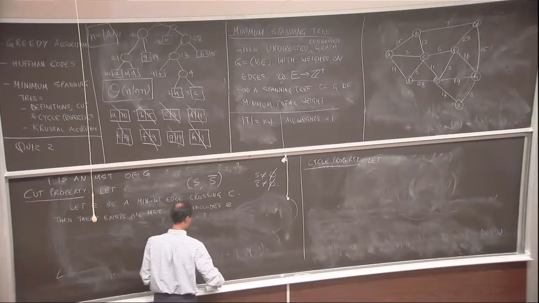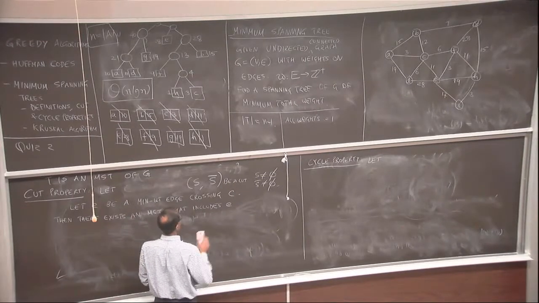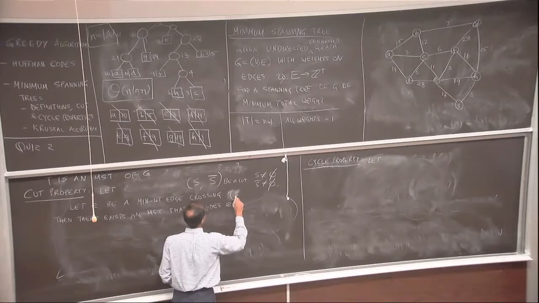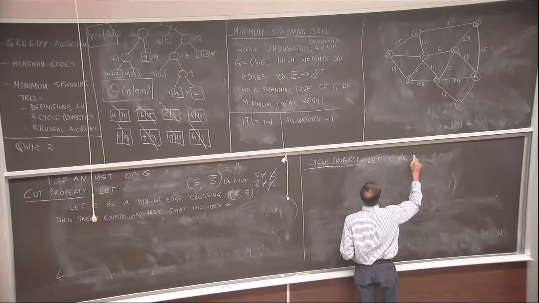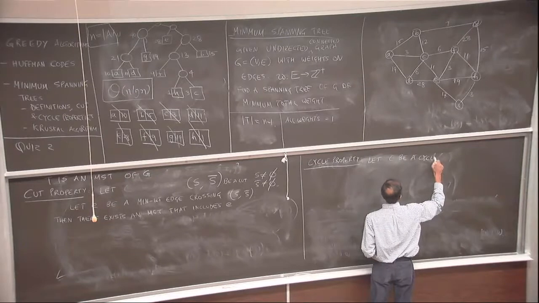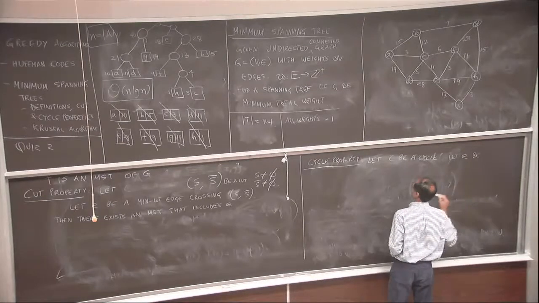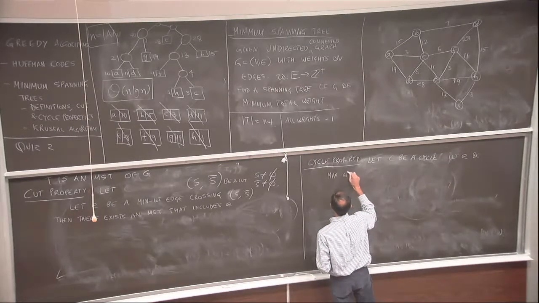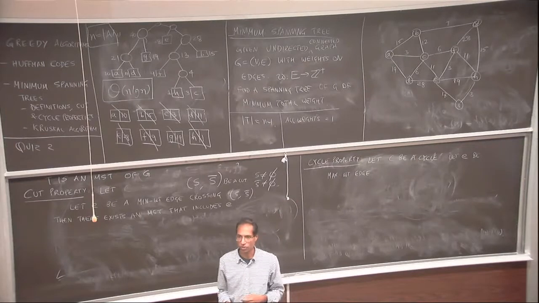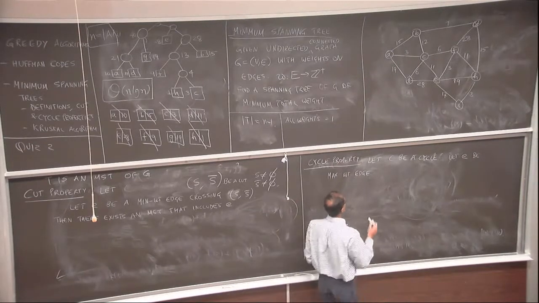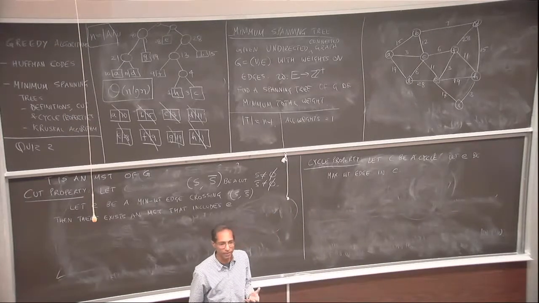Let C be a cycle, and let E be the maximum weight edge in the cycle C. Then I want to say that there exists a minimum spanning tree that does not include that edge.